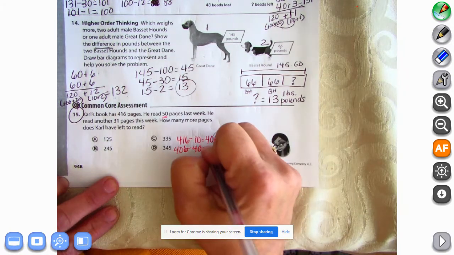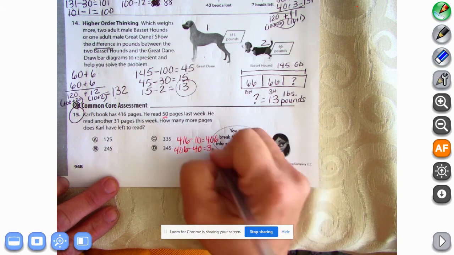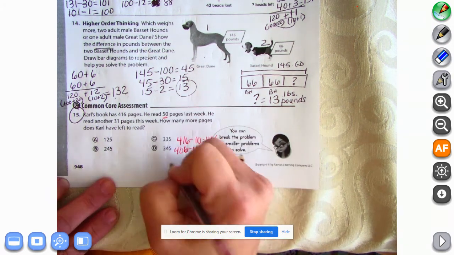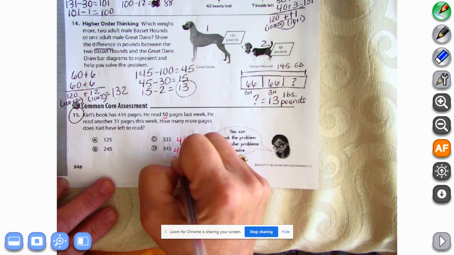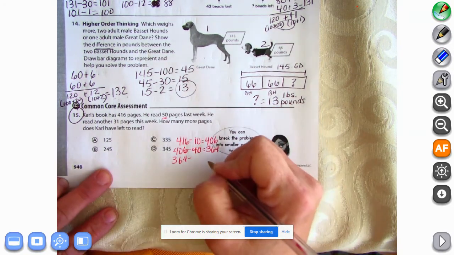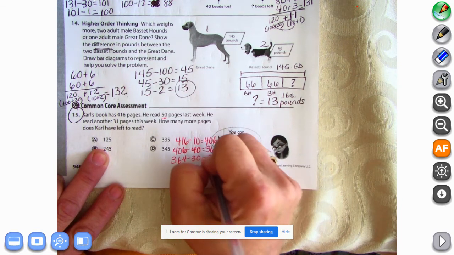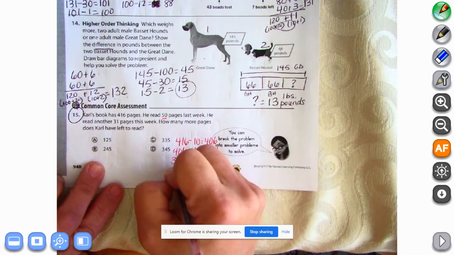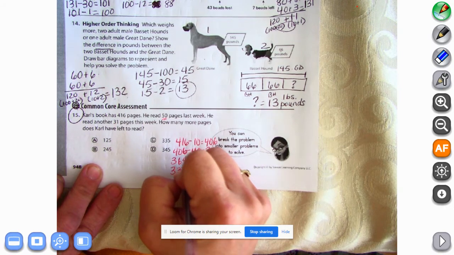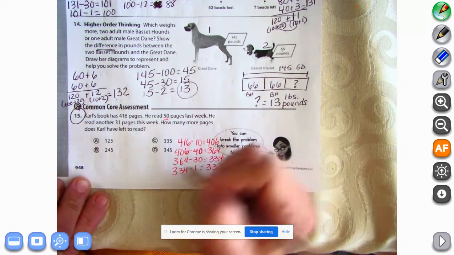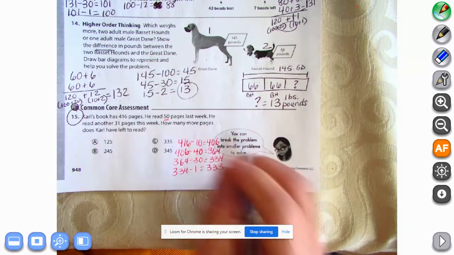So it's going to leave us with 364. 364 minus 30 is going to be 334. 334 minus 1 is going to make 333 pages left.